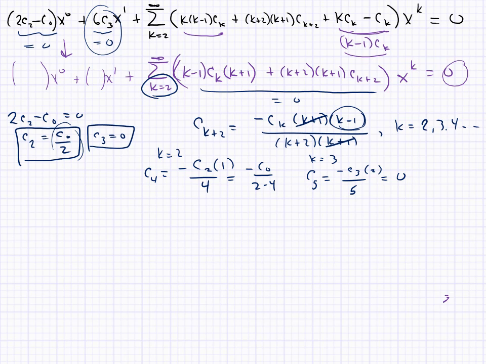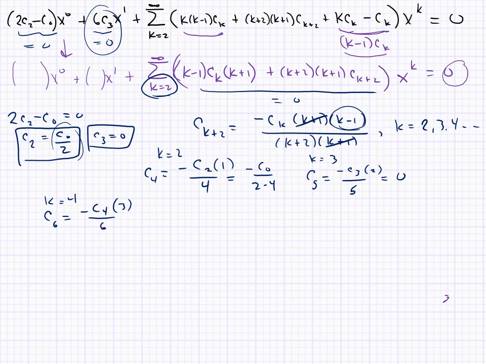Let's go a little bit further. K equals 4. I get c sub 6 to equal negative c sub 4 over, again, I forgot the k minus 1, 3 over, where are we at here? What was it?